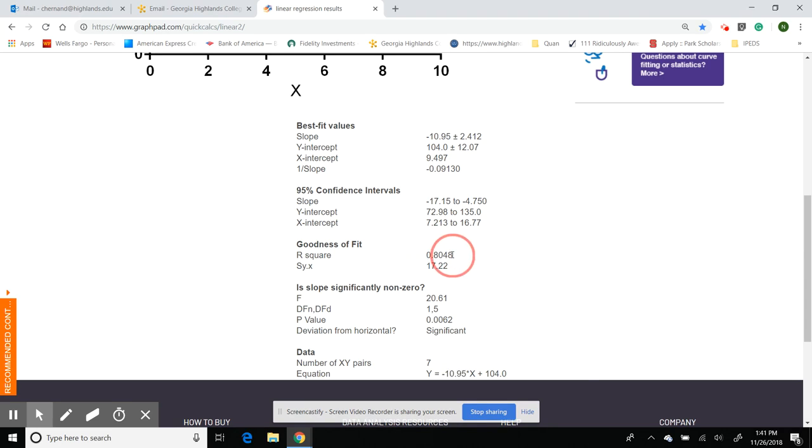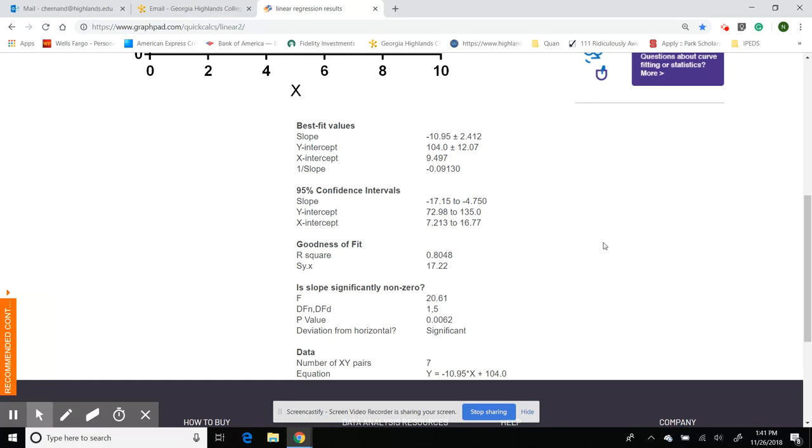Well, I have right here the r squared value. And because it's 0.8048, if I go to a regular calculator and I try to figure out what that is, I can do the square root of 0.8048. And it gives me 0.8971.